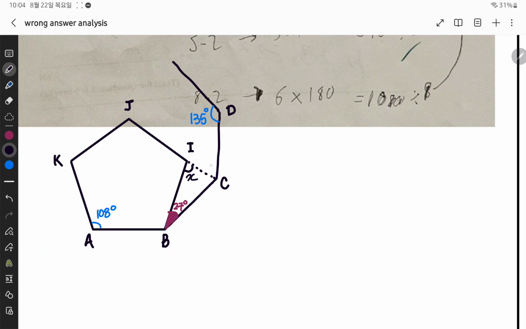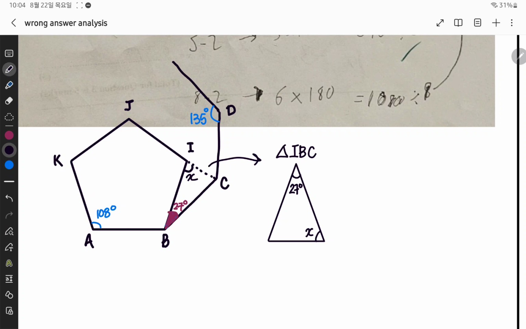I'm going to quickly draw this triangle right here, triangle IBC, just to get it clear. Now I know this is 27 degrees, and I need to get the angle X, correct?